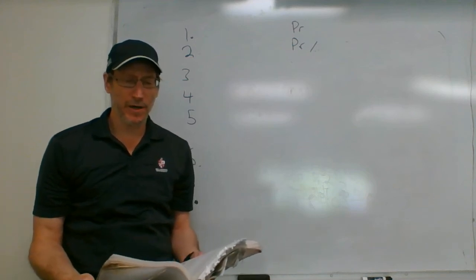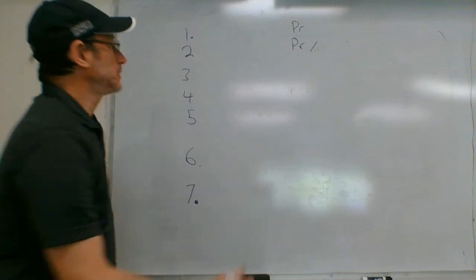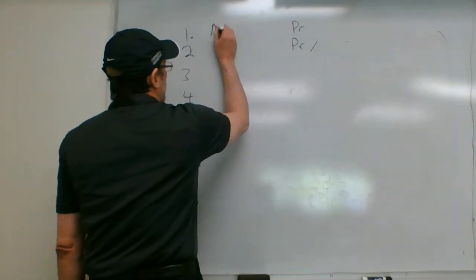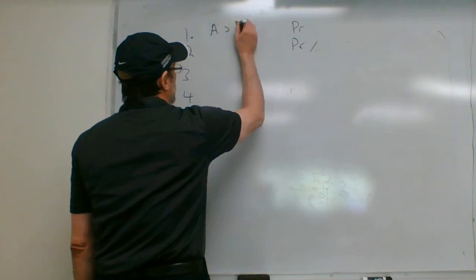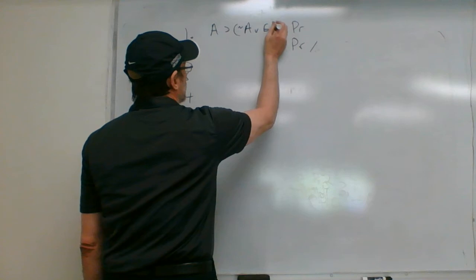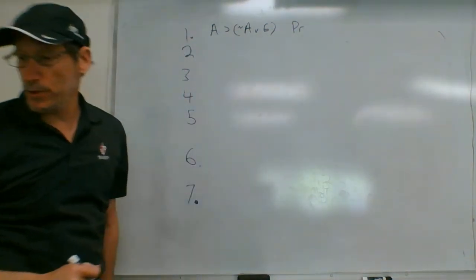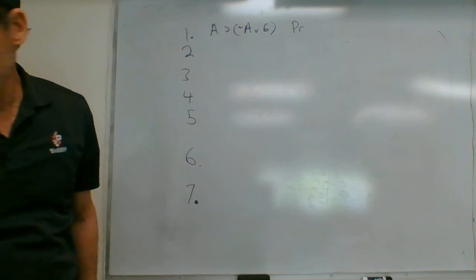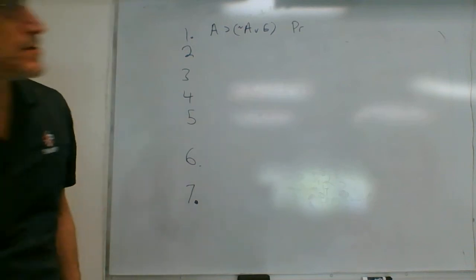It just has one premise, A horseshoe, not A wedge E. And we're trying to prove A horseshoe F. Well, that looks interesting.